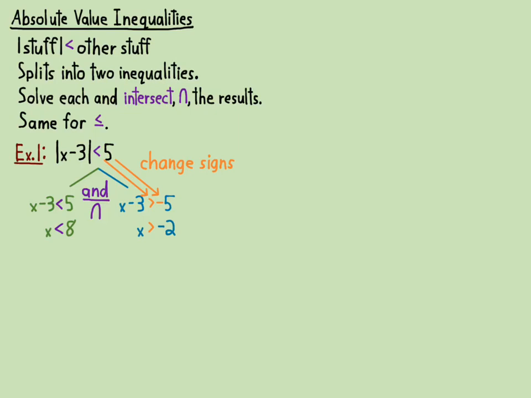And I got x less than 8 and x greater than negative 2. So I graph x less than 8, x greater than negative 2. And it's and, which means it's intersecting, so I need everything between negative 2 and 8. Not counting negative 2 and 8. So it looks like that.